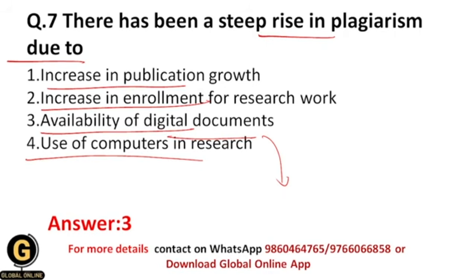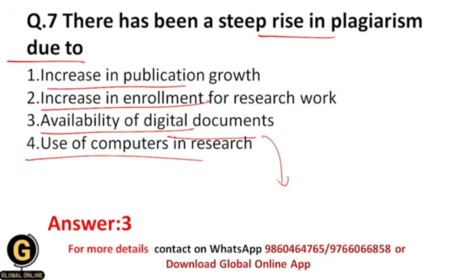It is the easiest thing anyone can do, and because of the availability of these digital documents, anyone can access them, and that's why there is an increase in plagiarism in today's world.